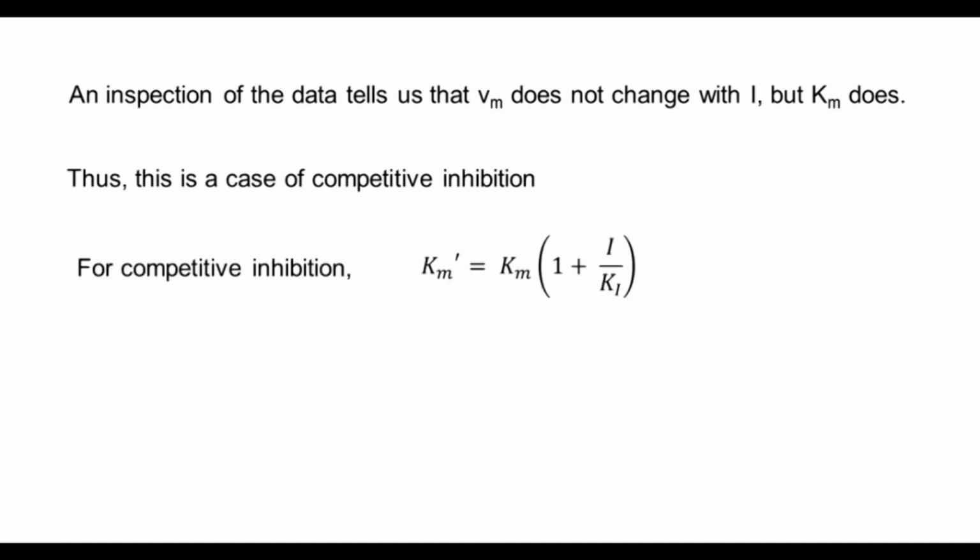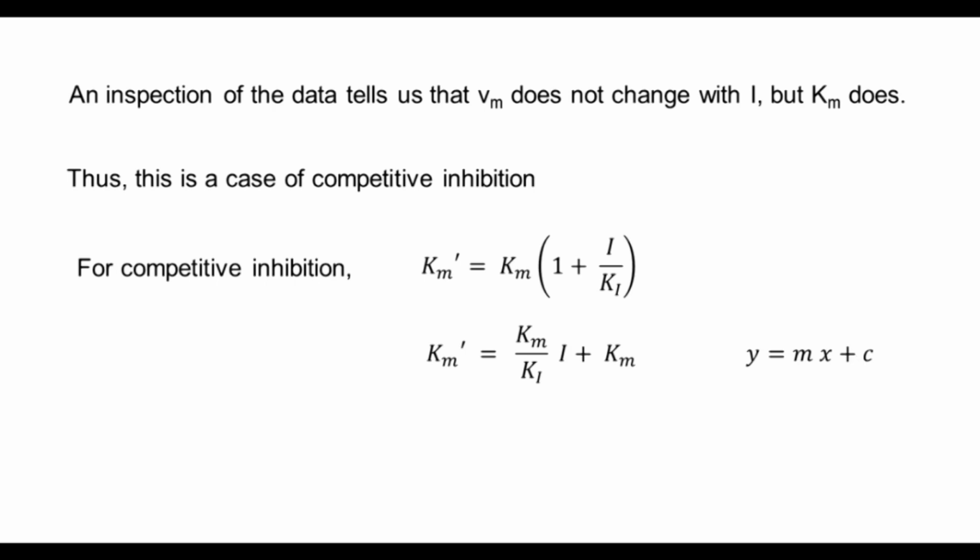So for competitive inhibition, this Km dash, the new Km, is Km times 1 plus I by Ki, right? And Km dash is Km by Ki into I plus Km. I have written it in the form of y equals mx plus c. Remember, we are dealing with a set of data here. Therefore, whenever we deal with data, we need to use the entire set of data. If you just pick points from there, the errors in the data collection would directly get transferred and probably get magnified.